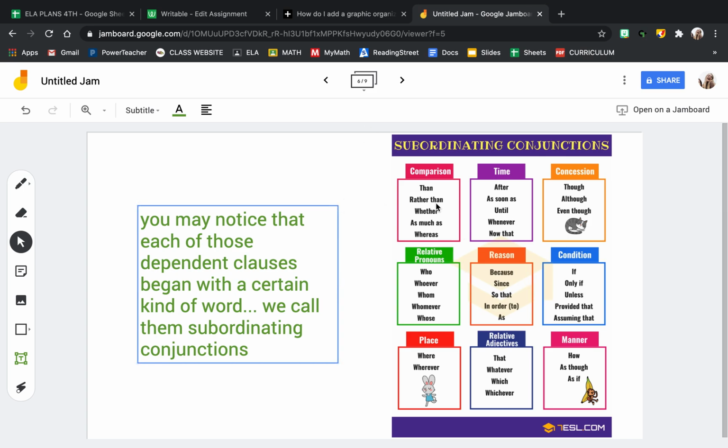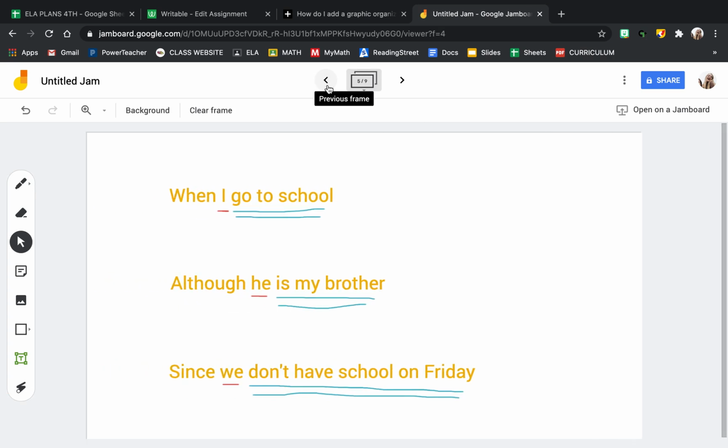Here's some examples. Than, rather than, if, since, although, whatever, that, though, where. You don't have to memorize these, but you should become familiar with them because it will help you to identify dependent clauses, because dependent clauses begin with one of these subordinating conjunctions, just like our examples back here.